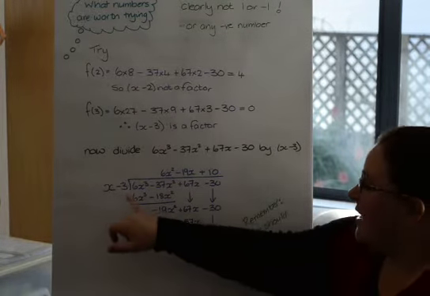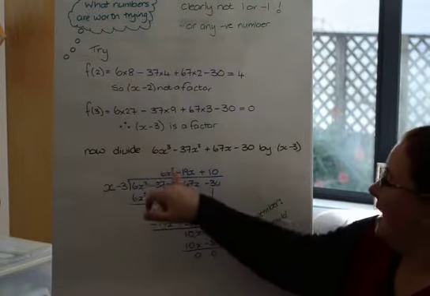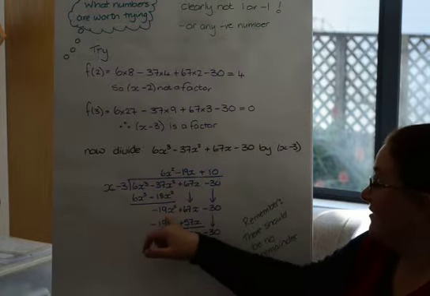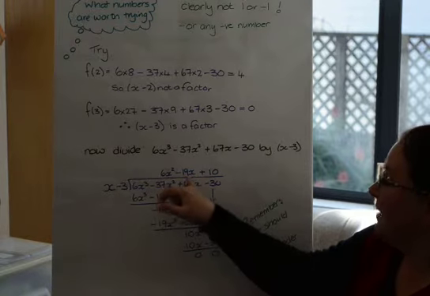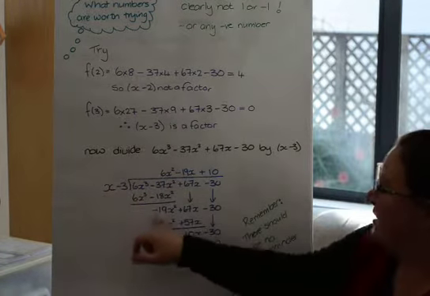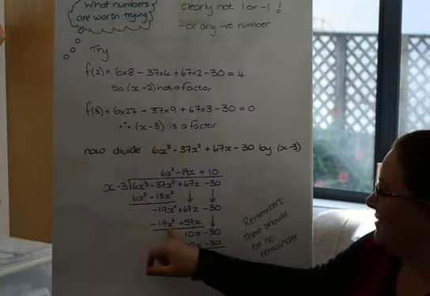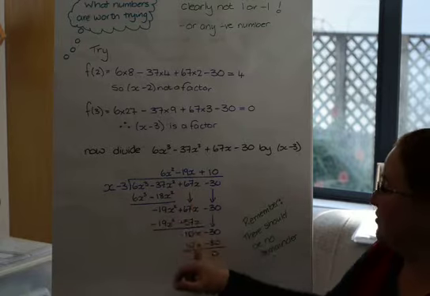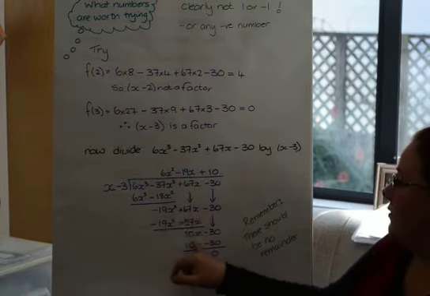What do I have to multiply x by to get minus 19x squared? Well, it's minus 19x. So I'll put that up there. Multiply minus 19x by that, I get minus 19x squared plus 57x. Do the subtraction, that leaves me with 10x.